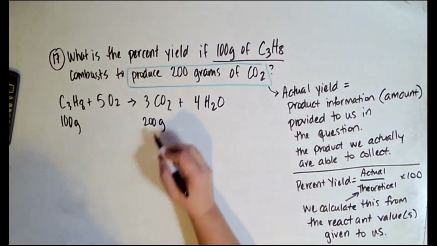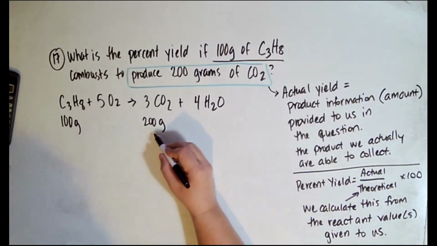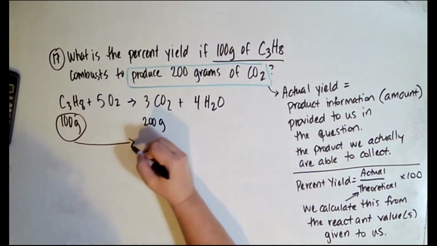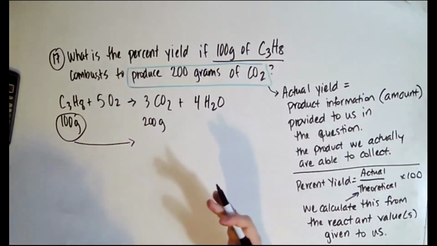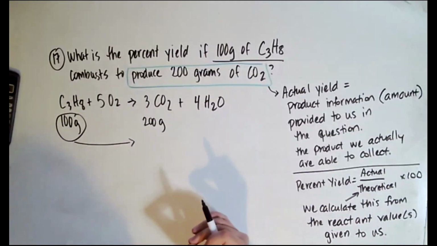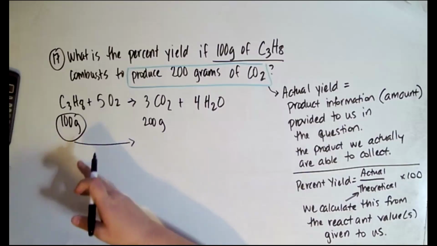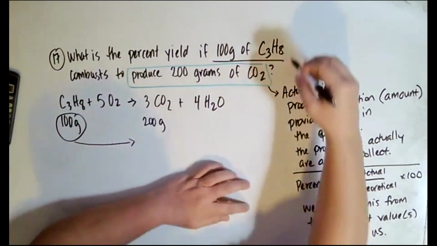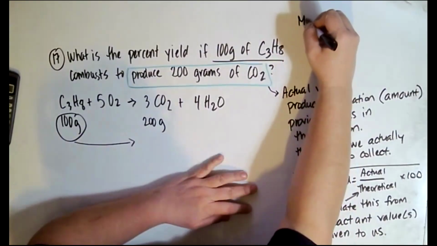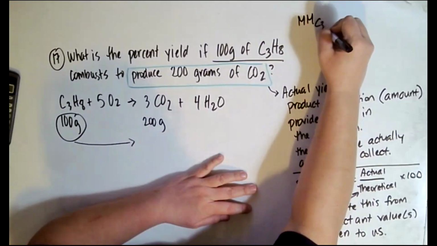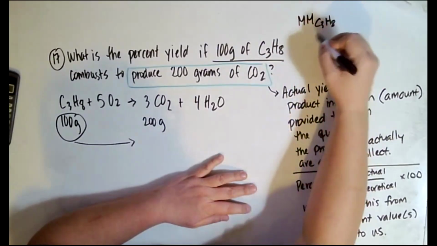Okay. So they're telling us that we collected 200 grams. We're going to use this information to see how many grams of CO2 we should have been able to make. Okay. So let's do some molar mass calculations before we start. We're going to need a molar mass for our propane, C3H8.